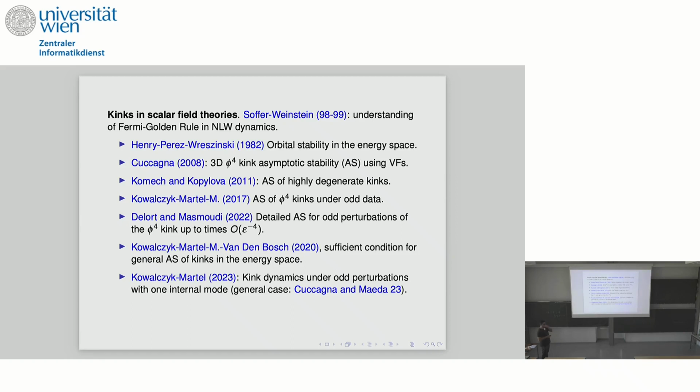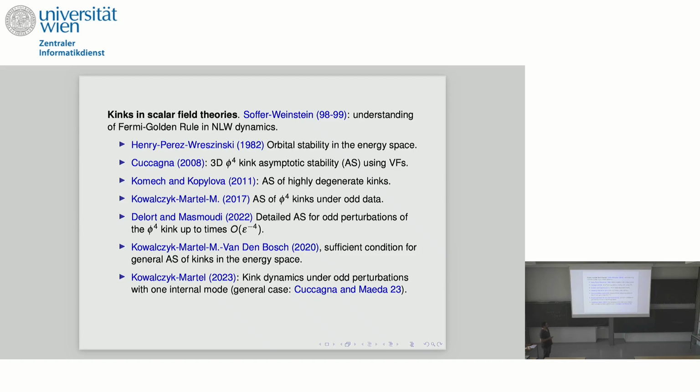So as some of you asked in the previous lecture, this is a sort of local asymptotic stability, and this is a sort of, let's say, full asymptotic stability. Some years ago with Kowalczyk, Martel and Hans van den Bosch, we provided a sufficient condition to get full local asymptotic stability for kinks in general, for general nonlinearities, right?